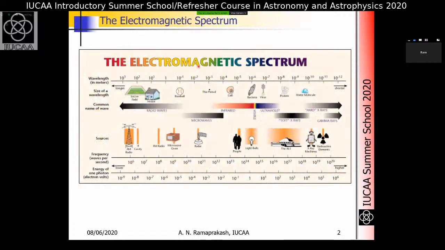So before getting into this, let me clarify one thing. We are today going to talk about only a very small part of the electromagnetic spectrum.